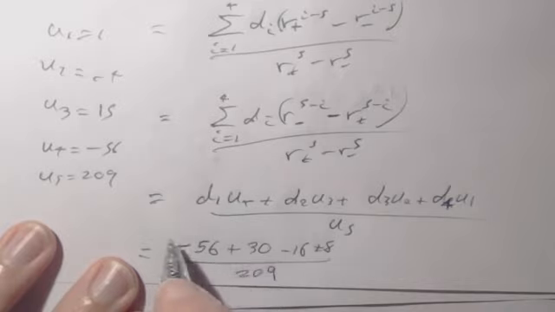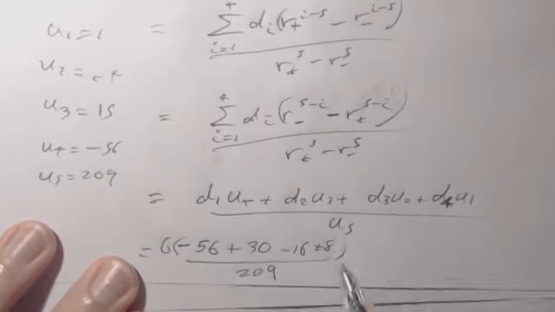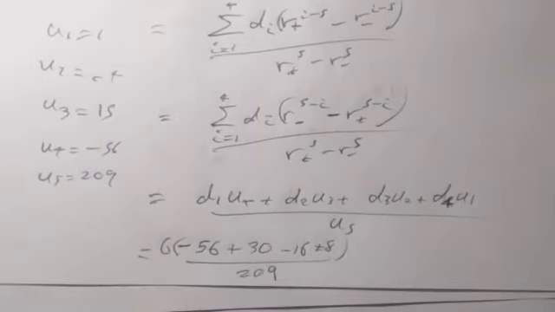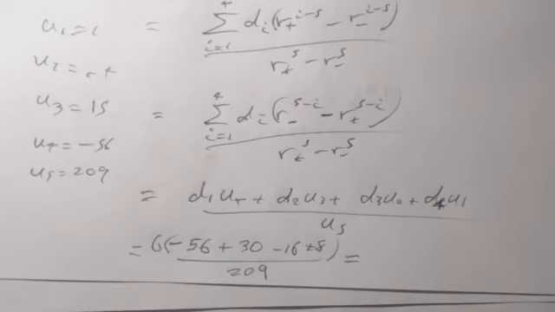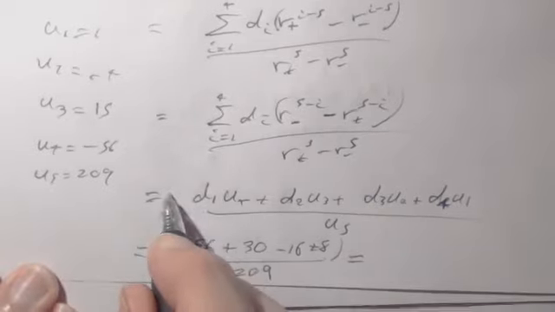There was a factor of 6, sorry, because di is 6 times 2 to the i minus 1. So let's see what we get here. Plug this value into a calculator. I needed a minus outside here as well.